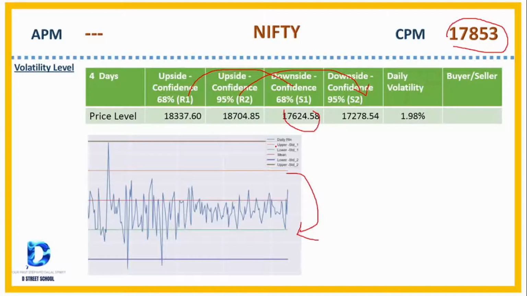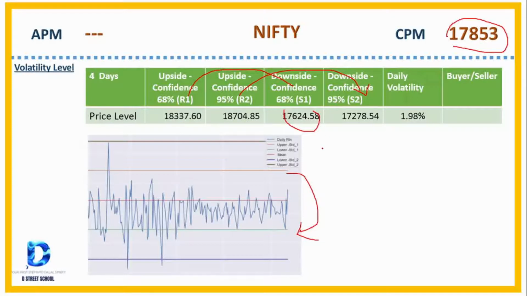If you want to initiate a very safe trade, like a short call, I would recommend you initiate below 17,270, because there are very few chances you might end in a loss, only 5 out of 100. Again, 1,300 points within 4 days has very little chance.